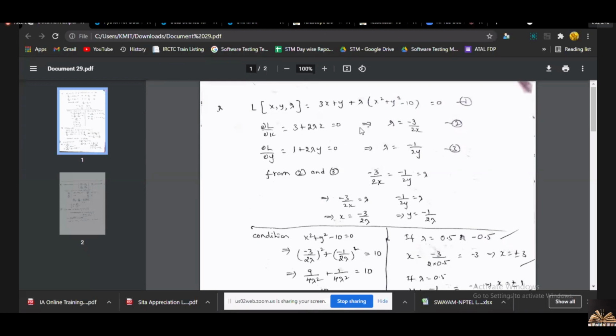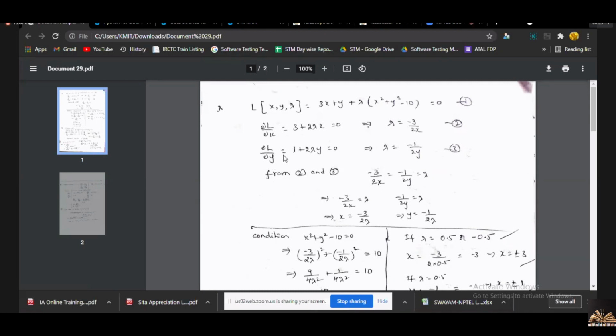Then you have to find the lambda value. If 3 comes to this side, then minus 3 by 2x, so lambda equal to minus 3 by 2x. Anyway, you have done this kind of maths in high school.